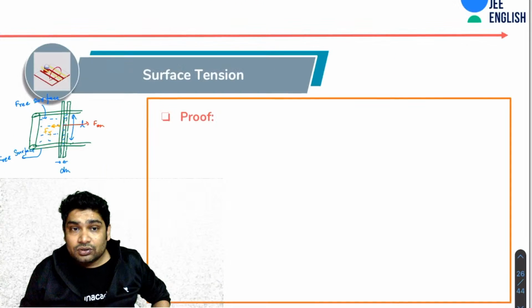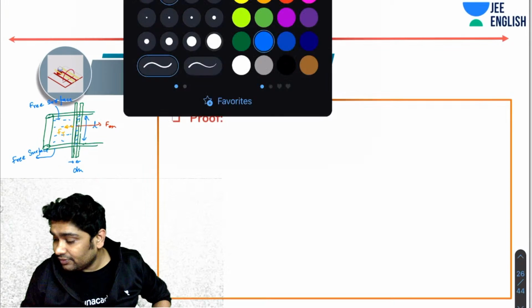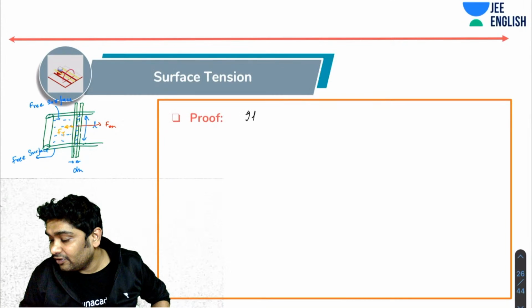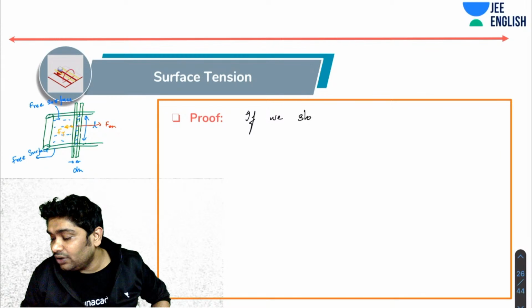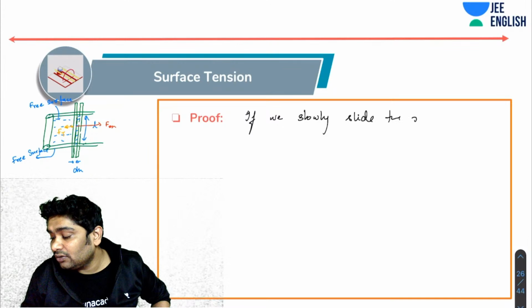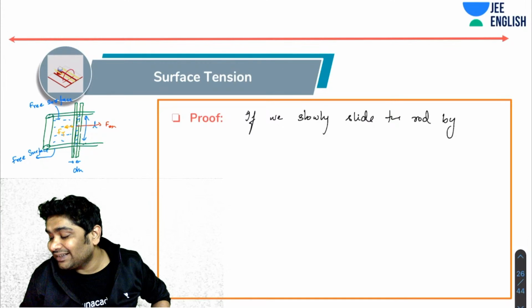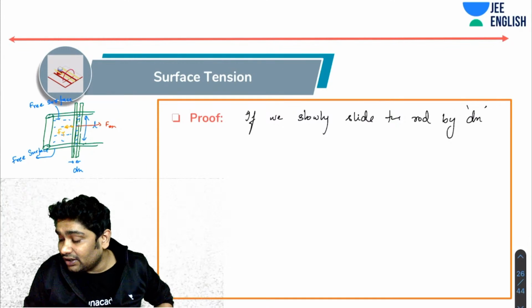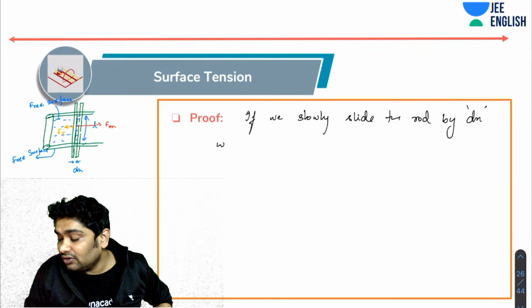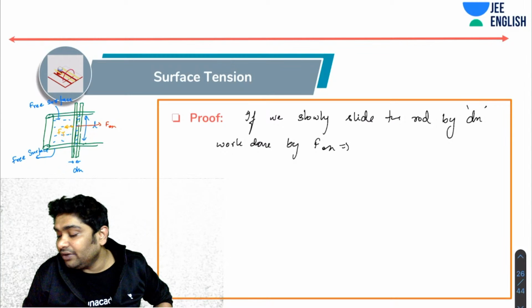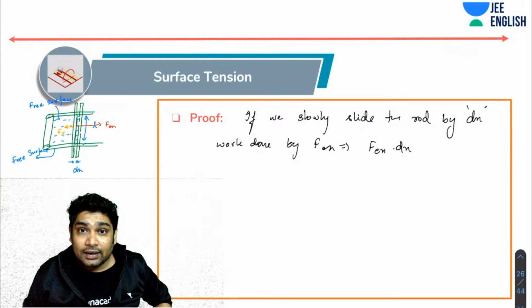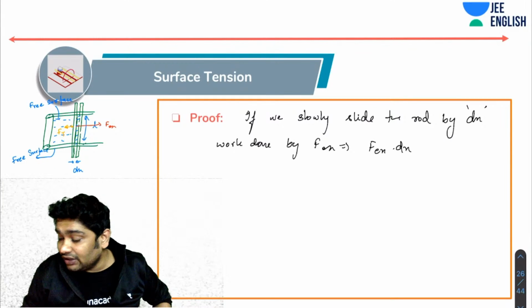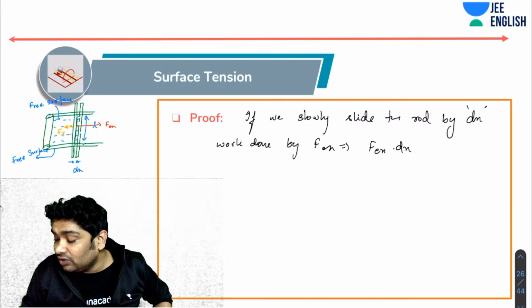If we slowly slide the rod by dx, the work done by F external would be equal to F external times dx. Correct? Now, how much will that be?